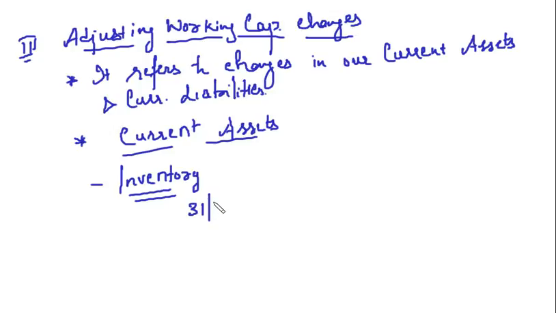We are given the balance sheets for 2 years, 31st March 2015 and 31st March 2016. I say inventory as at 31st March 2015 was 1 lakh, and as at 31st March 2016 is 70,000.